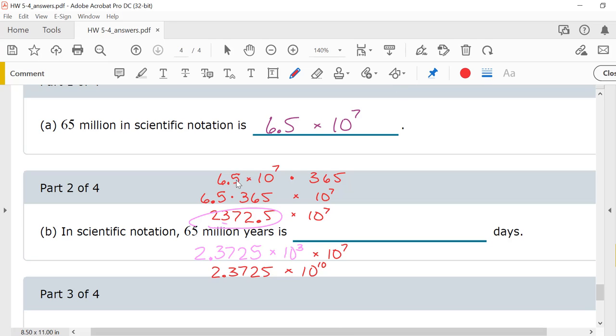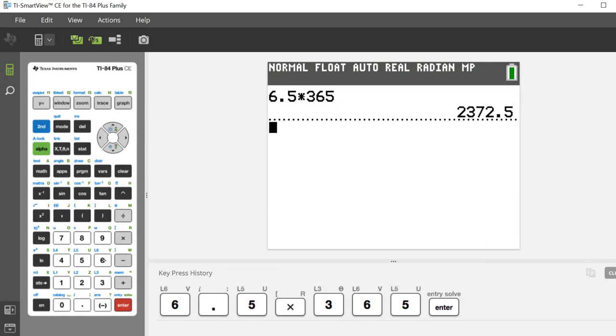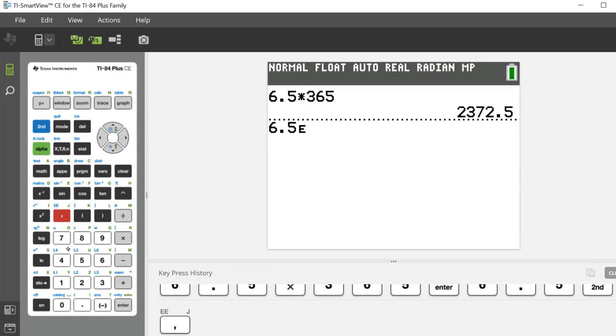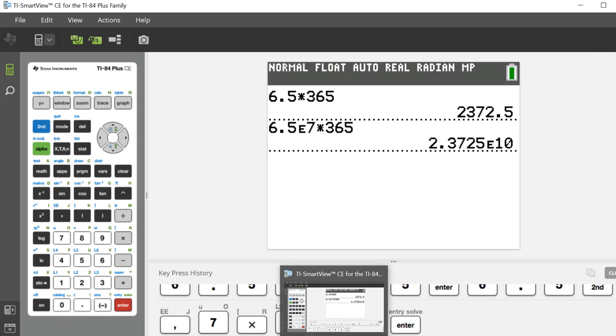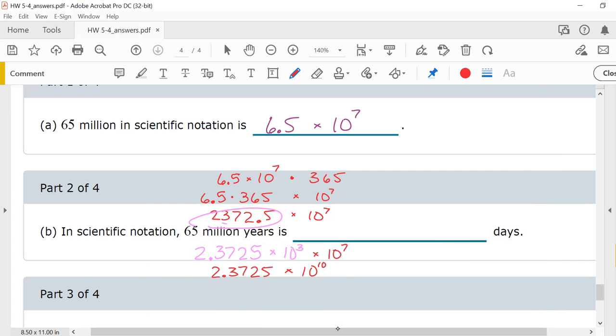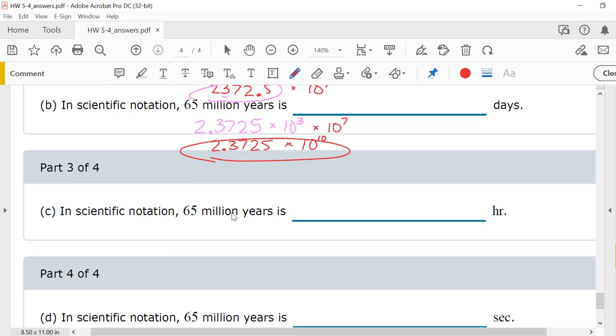Okay, I could have done 6.5 times 10 to the 7th times 365 on my calculator. 6.5 times 10 to the 7th, and then times 365. 2.3725 times 10 to the 10th. Is that what we got? Yes. Okay, part 3. 65 million years is how many hours? So if we know it's this many days, how many hours are in one day?